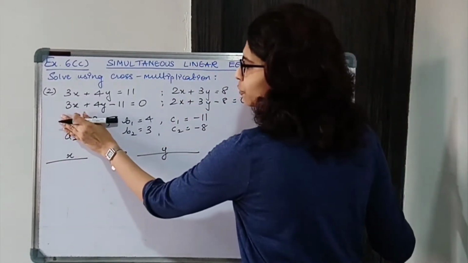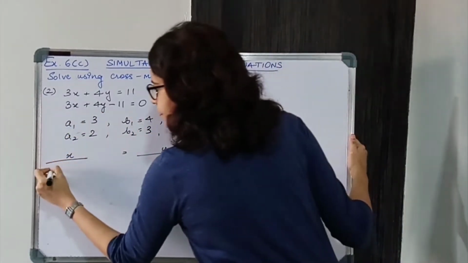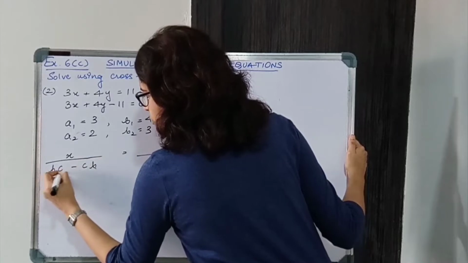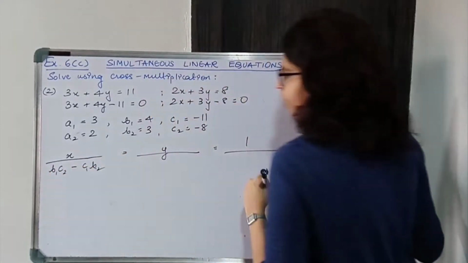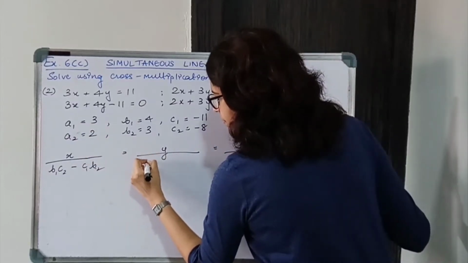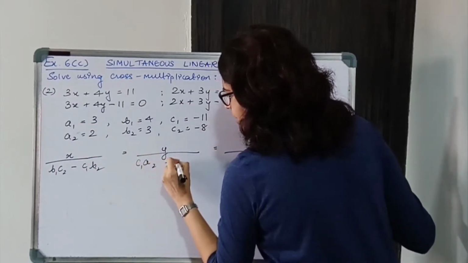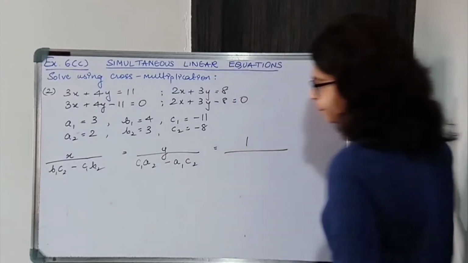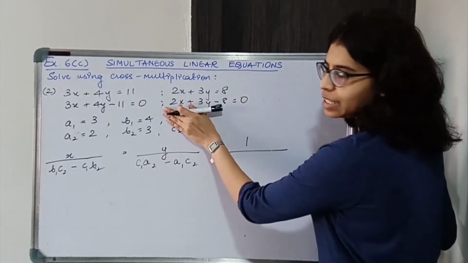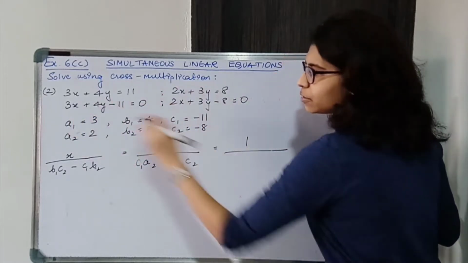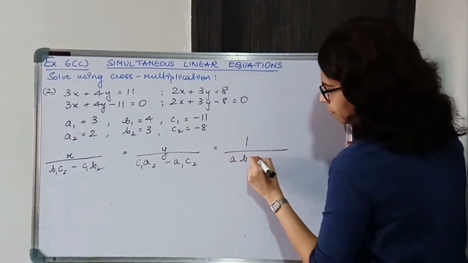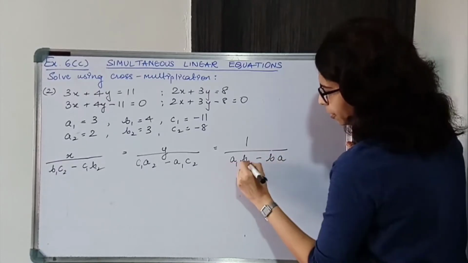X में a आता है तो forget a, b c minus c b, so 1 2 1 2. Now y में b आता है तो c a 1 2 and a c 1 2. Now यहाँ पे constant है, so constant c you will forget, and 1 and that is a and b. Okay, so a b minus b a 1 2 1 2.